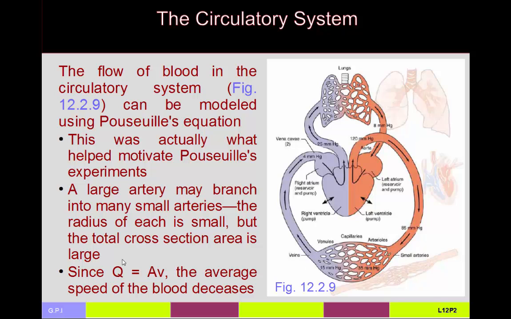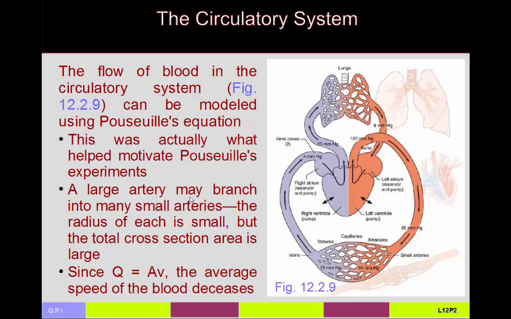So Q drops, and that also means that V must decrease. The speed at which the blood is flowing decreases as we go into these very small capillaries, and that allows the blood to interact with whatever part of the body it happens to be supplying oxygen and nutrients to.